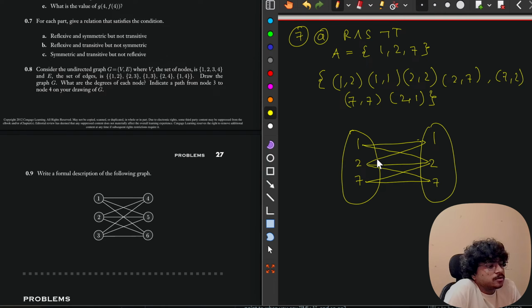This is the set. And how do I prove that it is not transitive? 1 comma 2, 2 comma 7, there is no 1 comma 7.